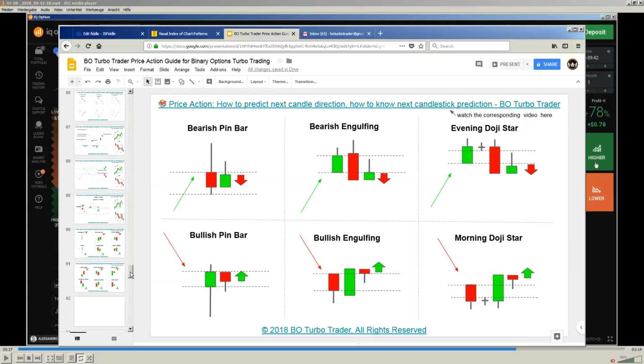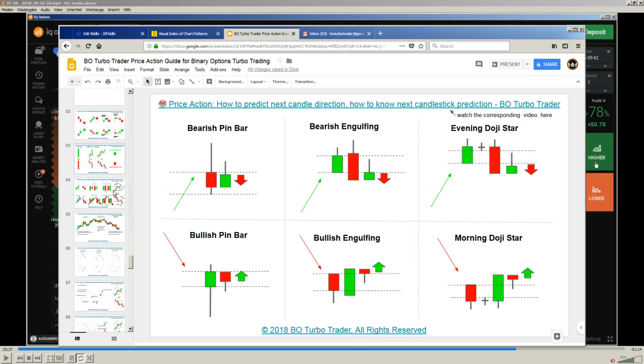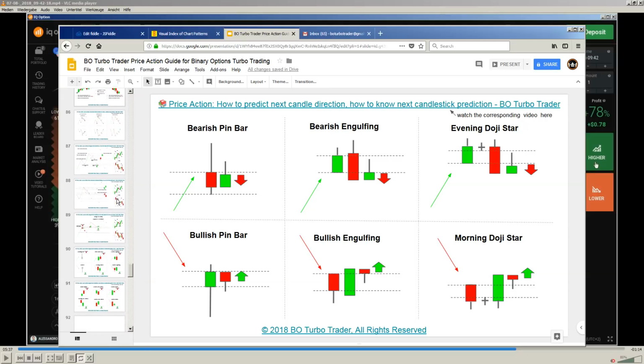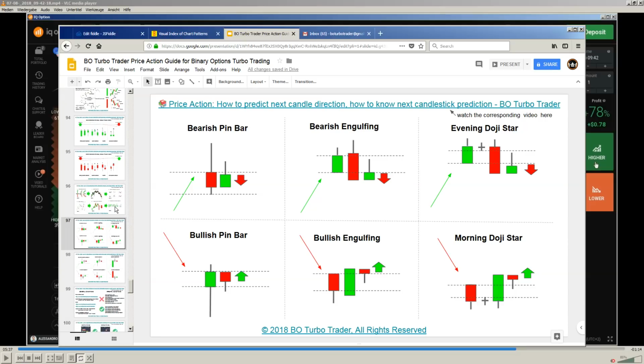Because at the end, such kind of candles, the bullish hammer, is nice. But let me show you this. So we have this bullish hammer.